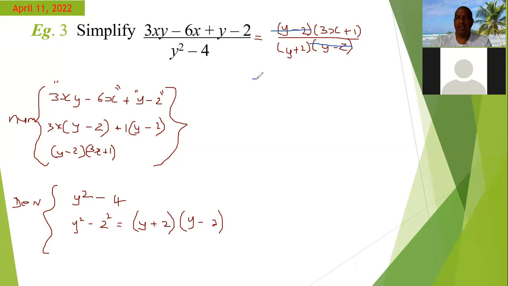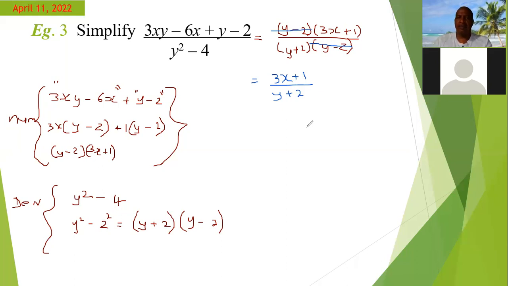And that leaves us with what? 3x plus 1 over y plus 2. All right, so that's what we get by simplifying this fraction to its simplest form.